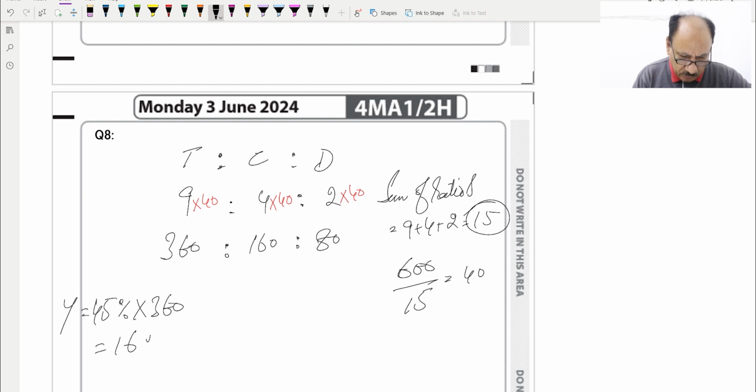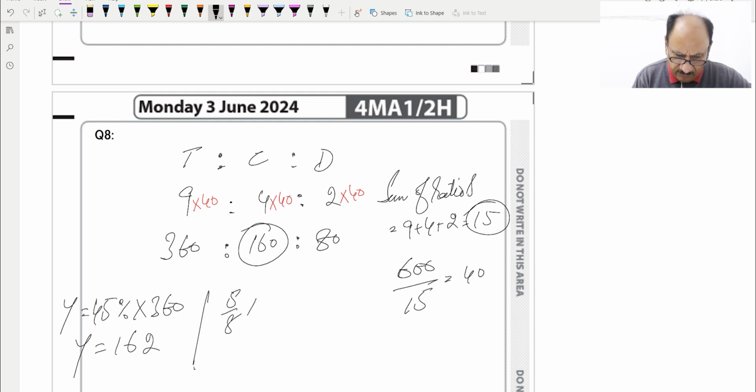So 162 will be yellow. And then they are saying next 5 by 8 of the crocuses. So of this 160, 5 by 8 of 160 are yellow flowers.